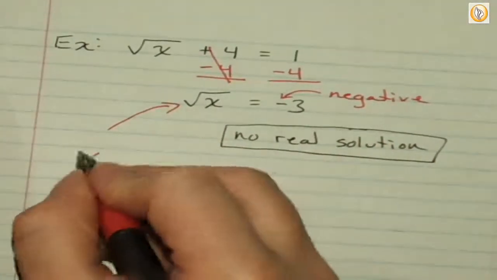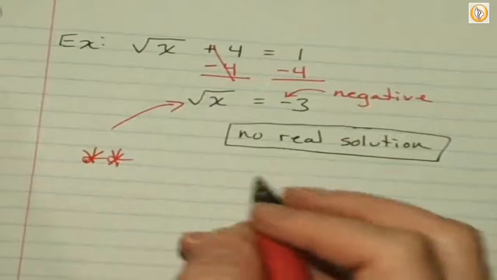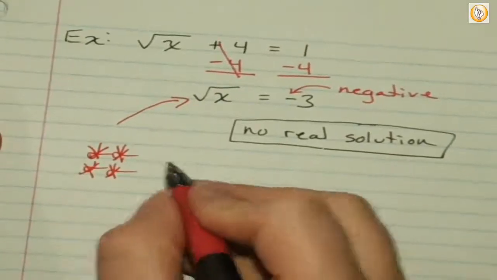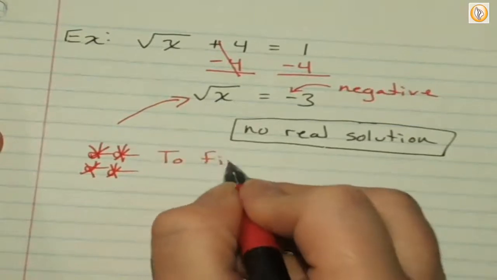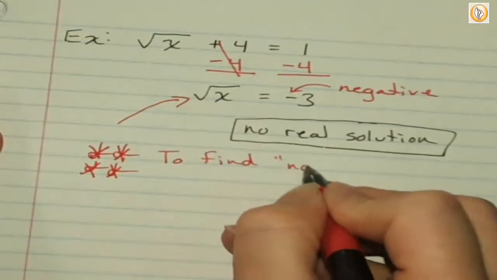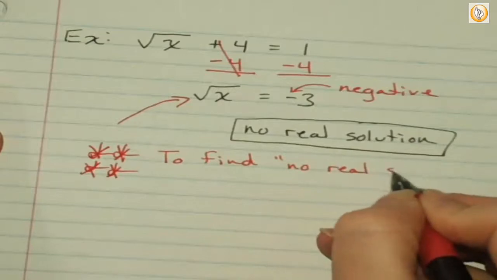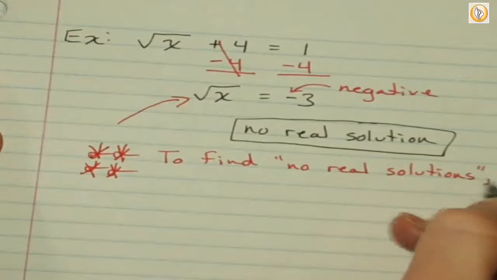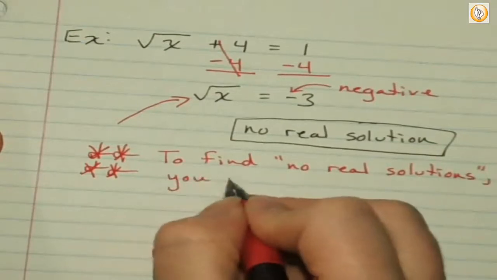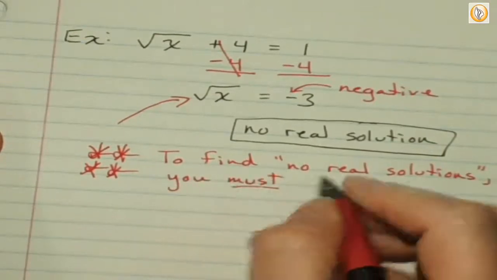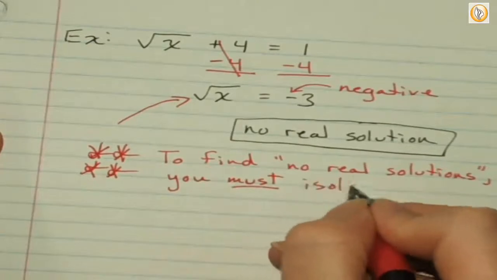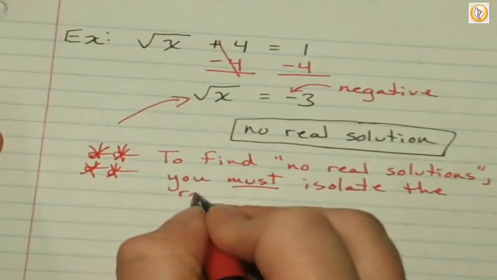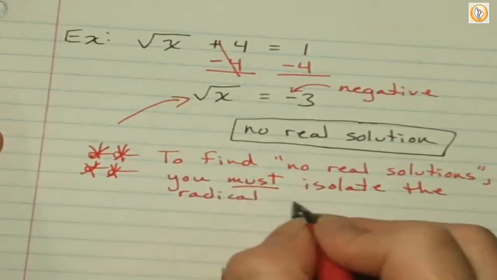All right, to find no real solutions, you must isolate the radical first.